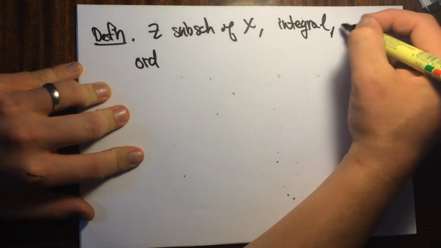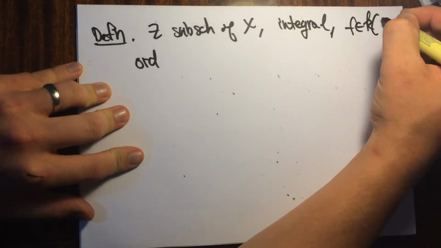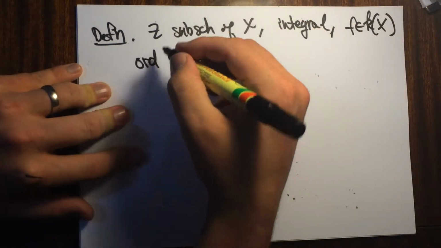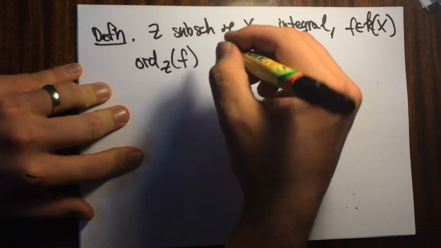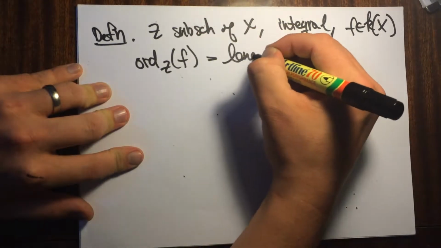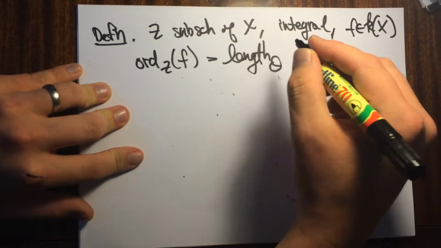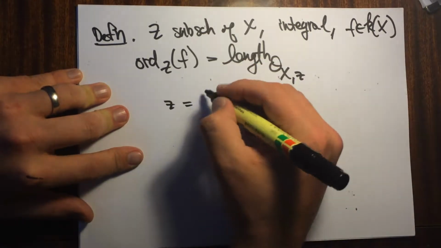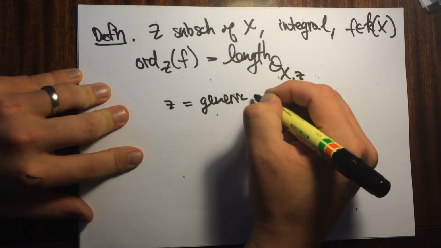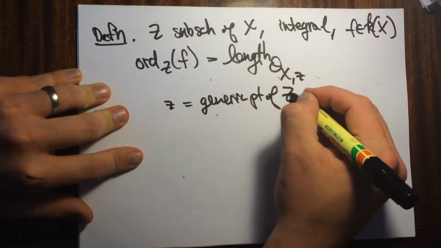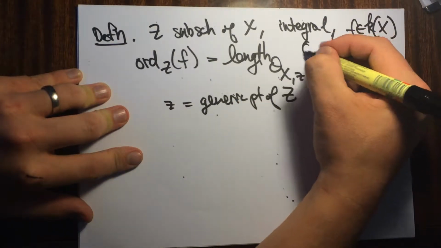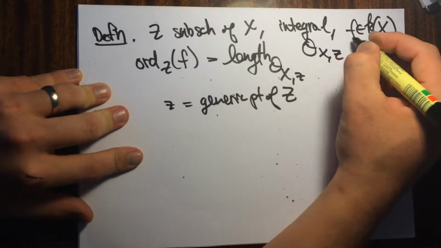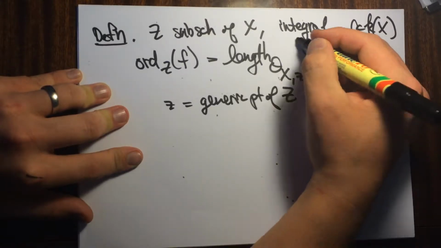Let's take f to be a rational function on X. And so the order of Z of f is going to be defined to be the length with respect to this O_X module structure, where Z is the generic point of Z, of this module here where we mod out by f.